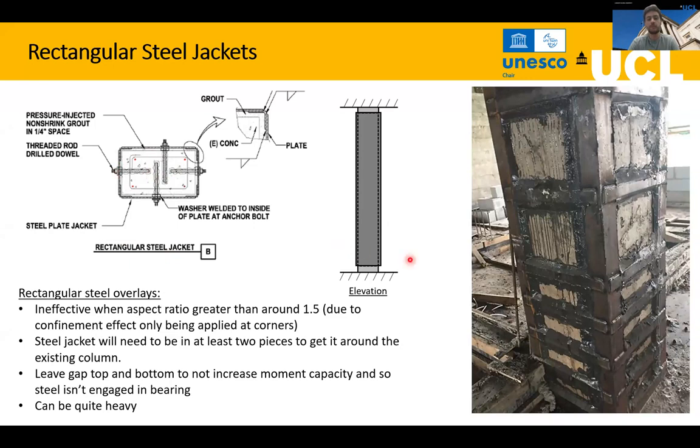The main problem of this is that this type of retrofitting is very heavy, as you can imagine. All this steel covering all the columns in your building will add a lot of mass to the structure, and that may generate an additional deficiency. So this needs to be considered when the retrofitting is designed.